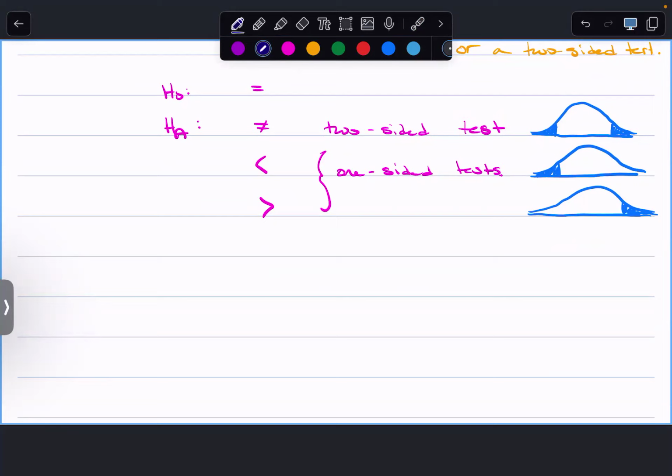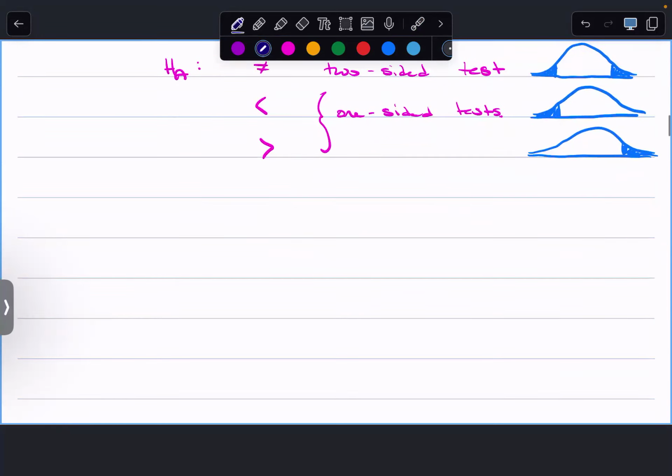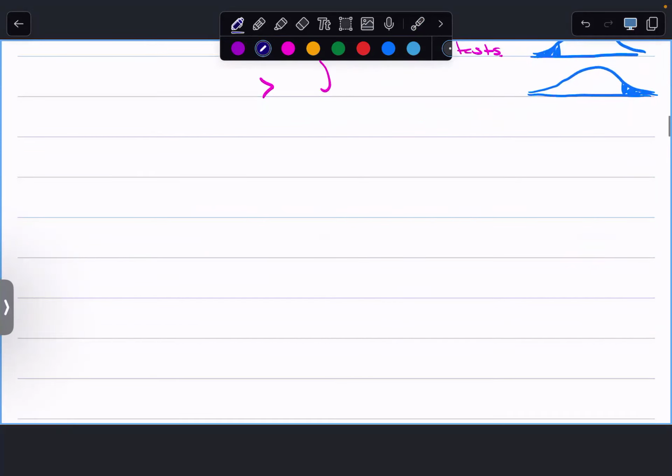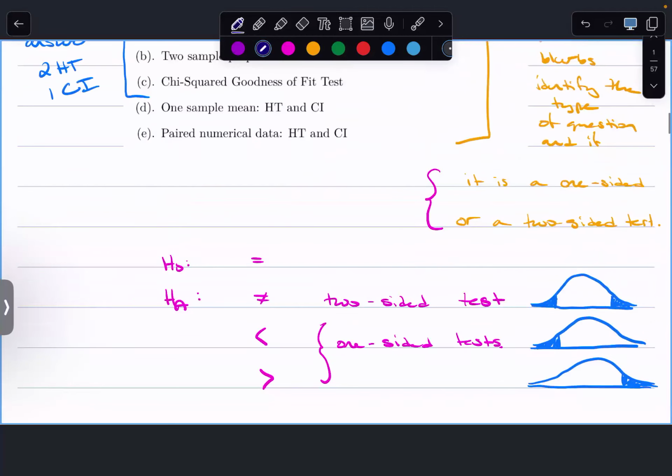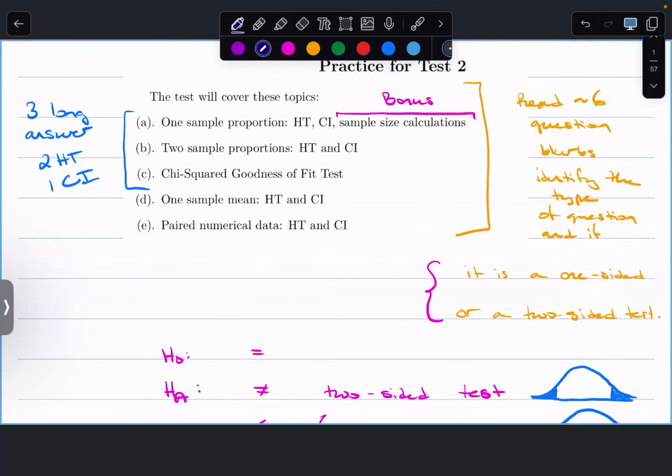Little bit of review. Last week, we started analyzing numerical data, which meant we were analyzing a mean, but we only did one ultimately last week. But for review, any questions about the test? So kind of 3 long answer, 6 short answer, and then that's it.